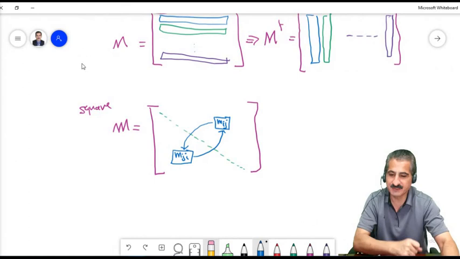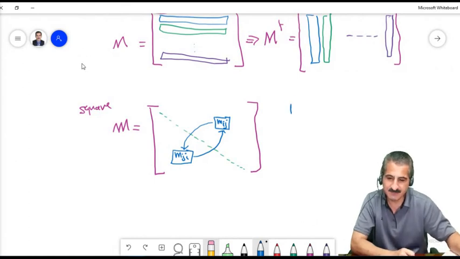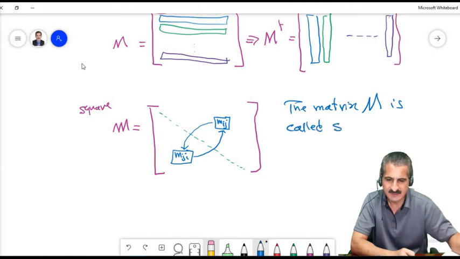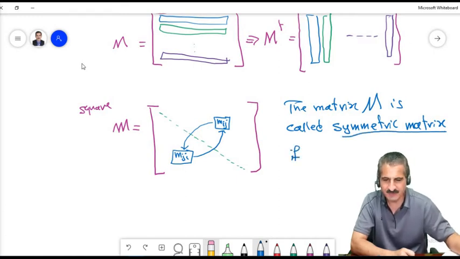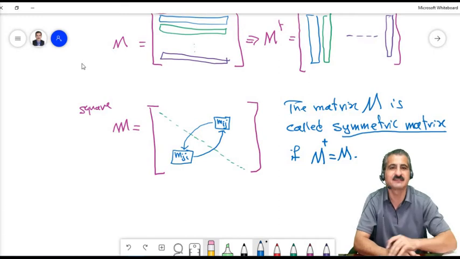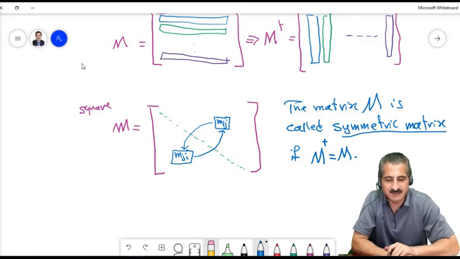I shall write here: the matrix M is called a symmetric matrix, and you shall be familiar with this definition now, if whenever we do the interchanging, which means taking the transpose, we change nothing. Same matrix will stay there.